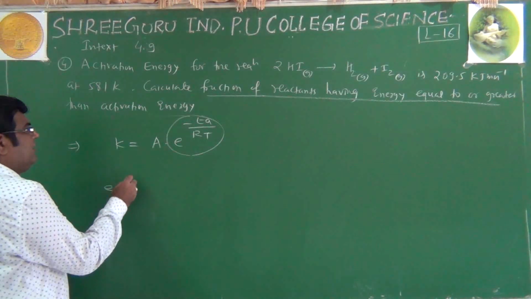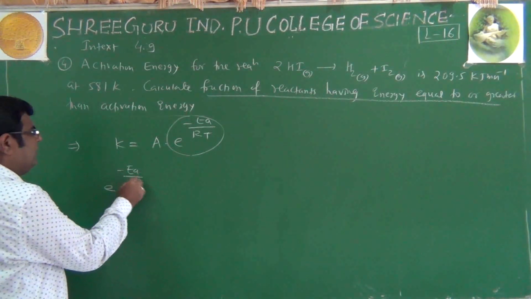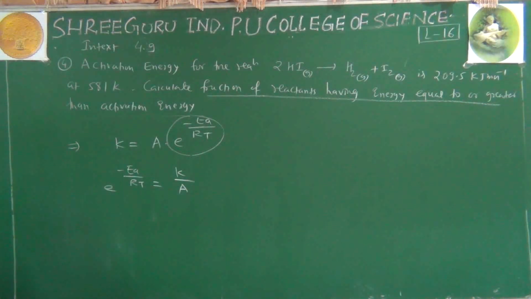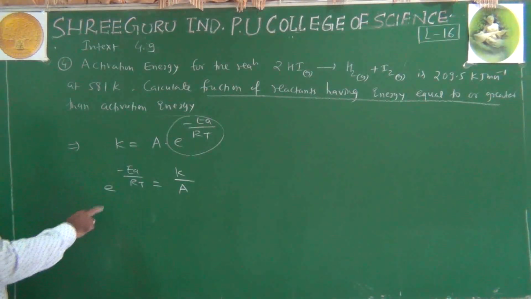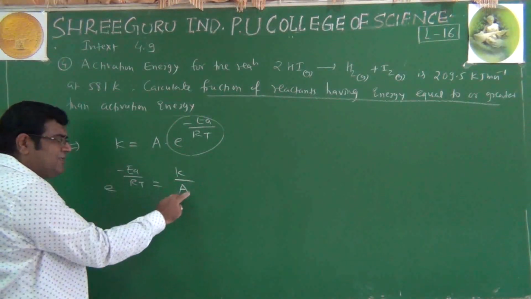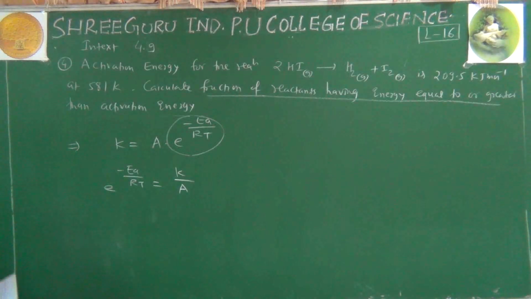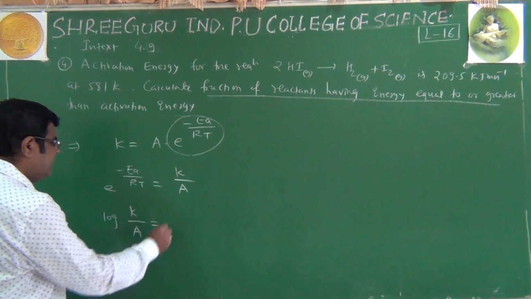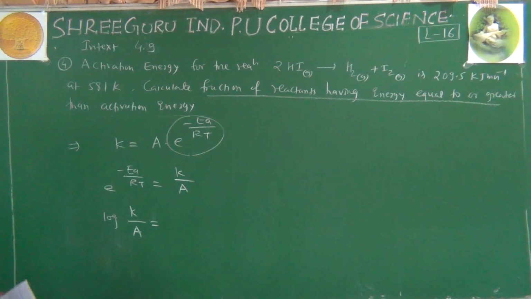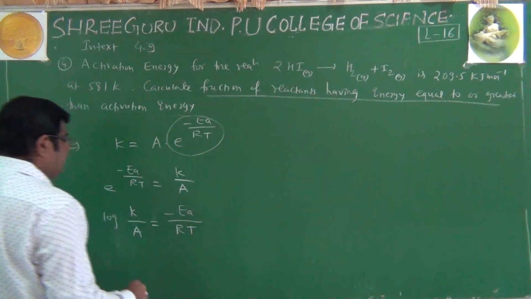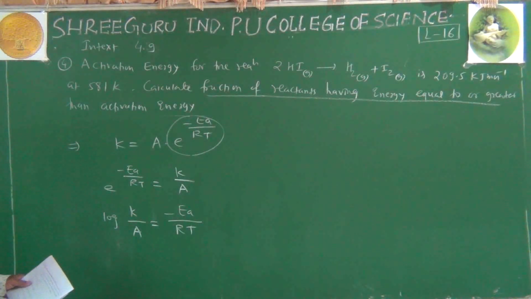So you can say e raised to minus EA by RT is equal to K by A, just transposing this A here. It is just a number, a fraction, the molecules per second unit gets cancelled. Now we can write log of K by A equals minus EA by RT, because log e is equal to 1.